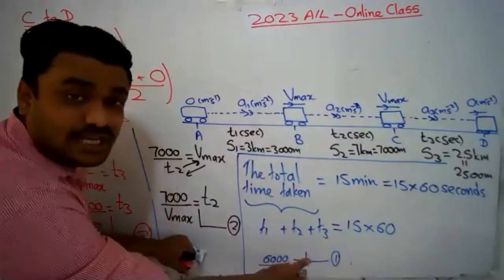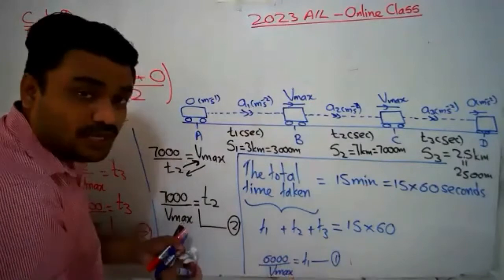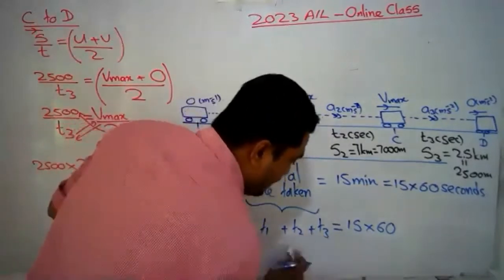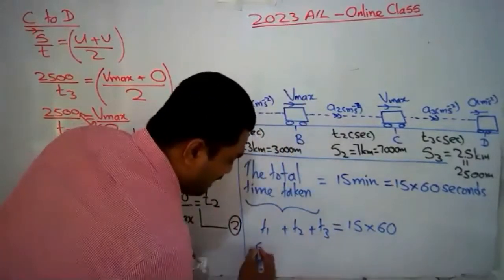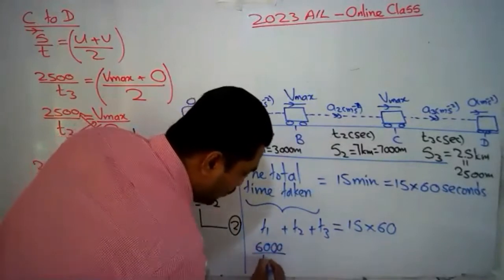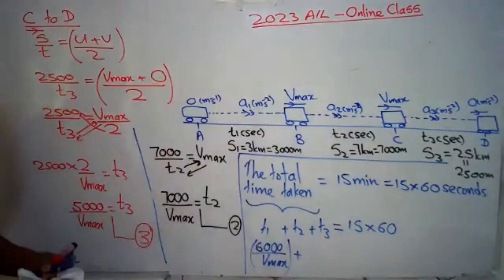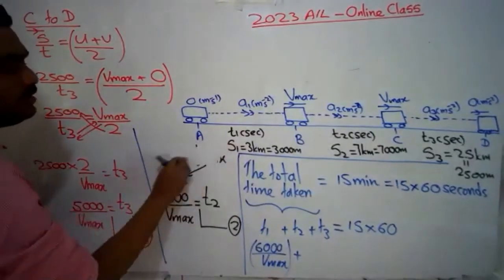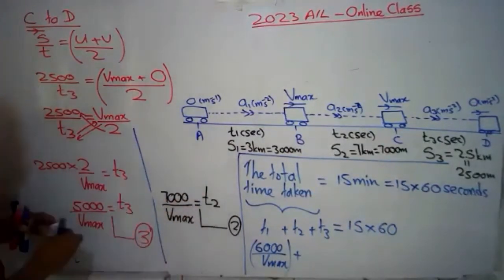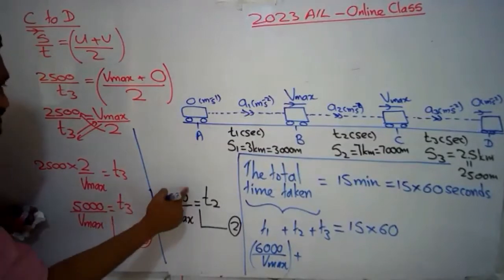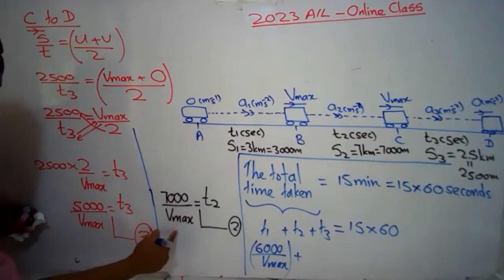T1 is given by this expression. What is T1? 6000 over Vmax. So in the place of T1, I can write 6000 over Vmax. In the place of T2, according to the second equation, T2 is 7000 over Vmax.